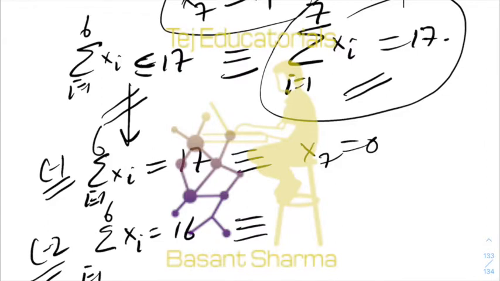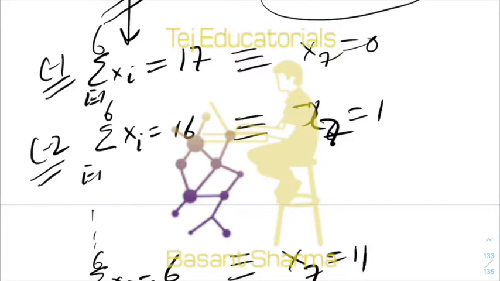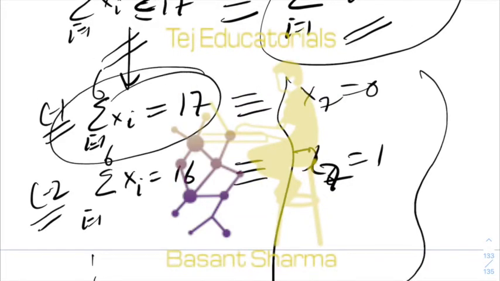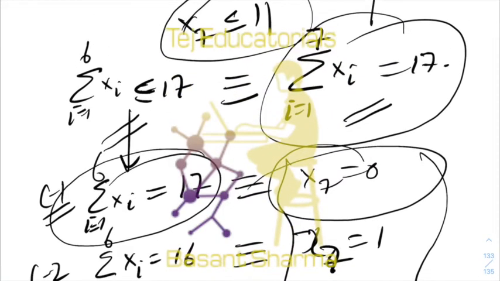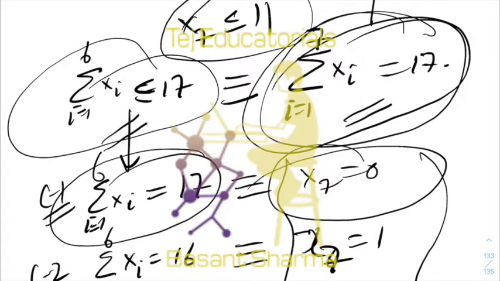This is equivalent to saying that x7 is 1, and so on, till the minimum that you can go, when you have summation xi, i equal to 1 to 6, equal to 6, and this corresponds to x7 equal to 11. So you see, all of these are equivalent cases. This situation and this situation are exactly the same. So the number of solutions to this and the number of solutions to this are exactly the same.